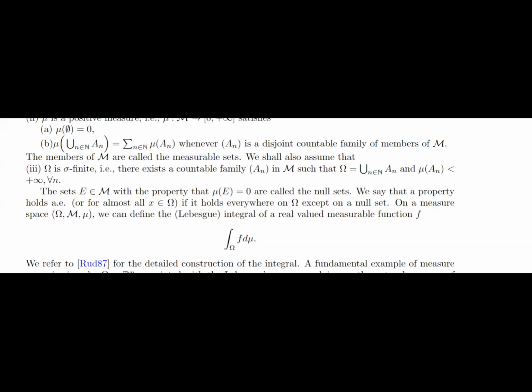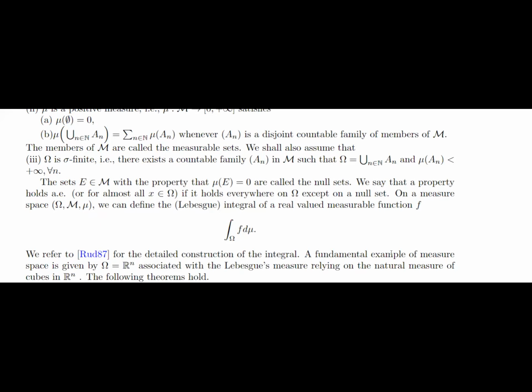A fundamental example, though, is when omega is R to the n, which is very classical, and it is the one most often used in this course. On R^n, you have the natural measure, which comes from the measure of cubes.